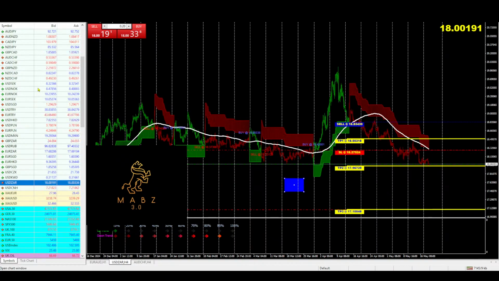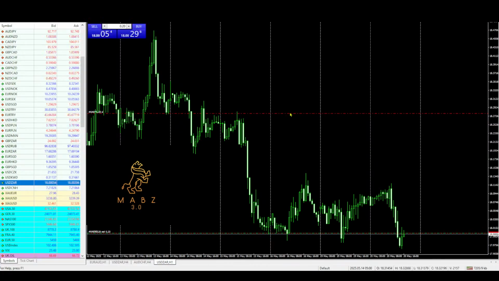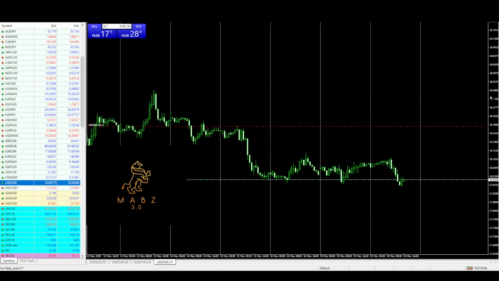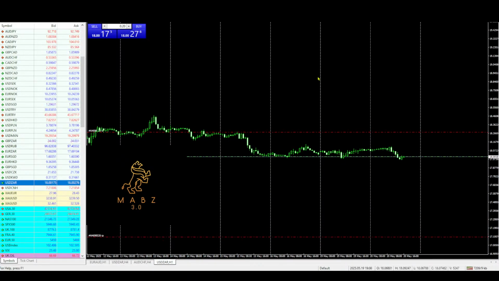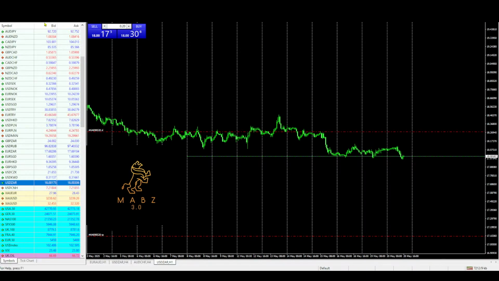Another thing that we need to be aware of, guys, is when the market is moving. I'm just going to make an example with this chart right here. Pay attention, guys. Let me show you something real quick. Sell entry, right? When your trade is running, the next thing that you need to do is manage your trade.